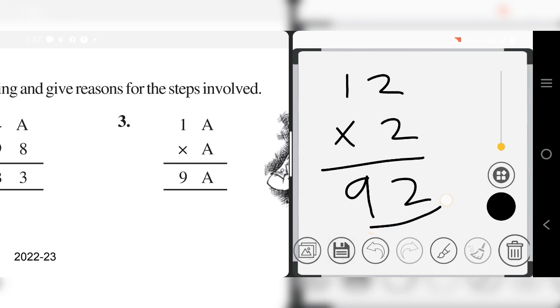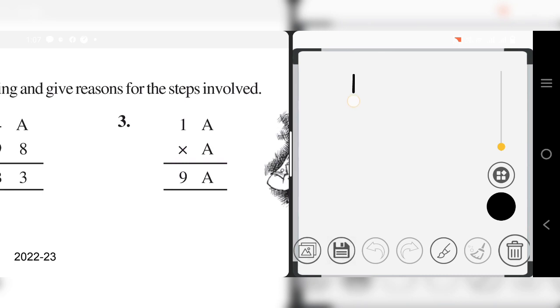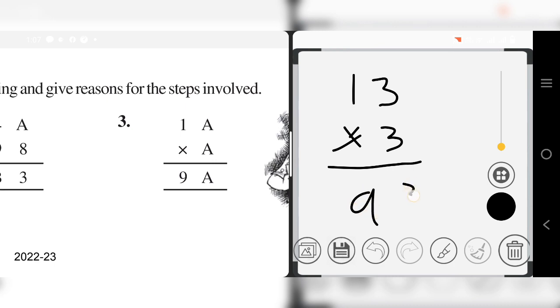But it's wrong. 12 twos are 24, not 92, so not 12. Let's take 13 into 3. Let's take the value of a as 3. We'll get 39, but 13 threes is another value, so it is not 13 also.